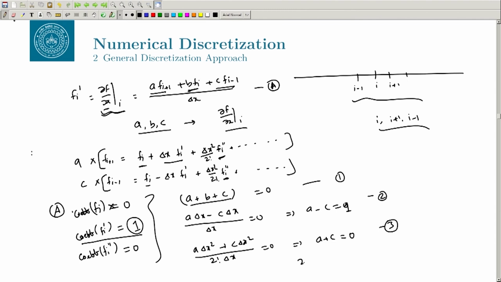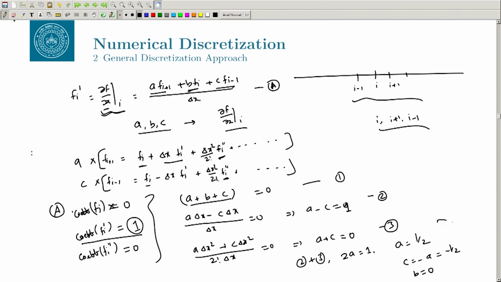If you use 2 plus 3, that will become 2A is equal to 1, so A will be 1 by 2, and C will be minus A, which is minus 1 by 2. Then from equation 1, B will become 0.